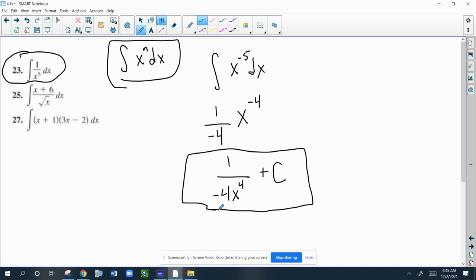That's why it's called indefinite integrals, because you don't get a definite single function. You get what they call a family of functions. Negative 1 over 4x to the fourth plus any constant would give you a derivative of that. So that was 23.